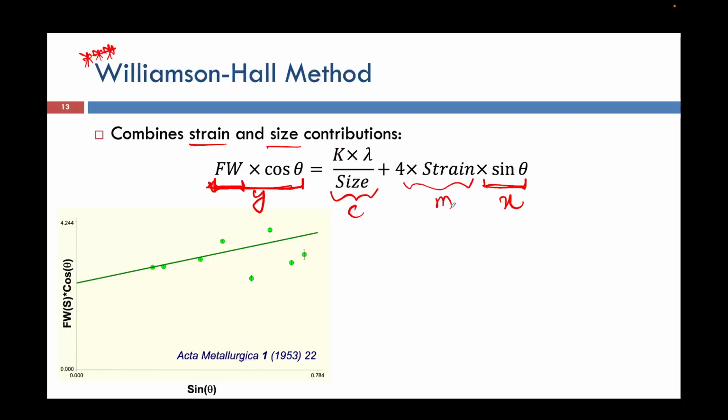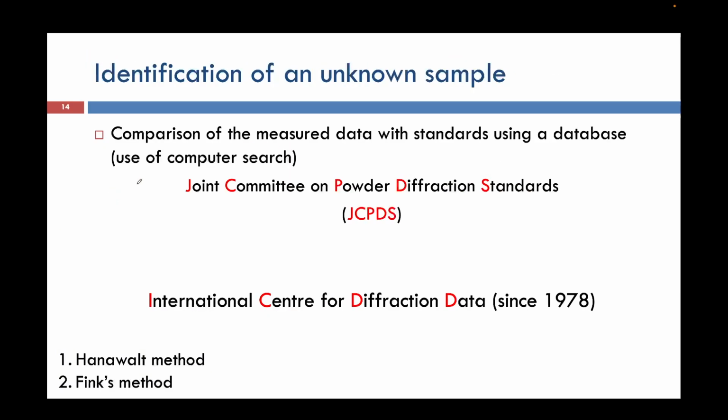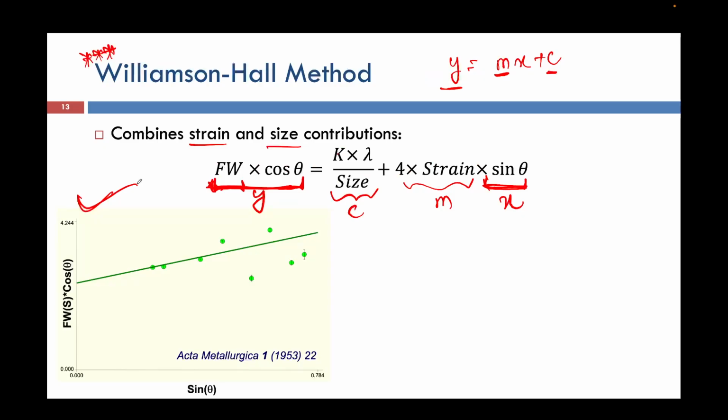So the entire expression gives you y is equal to mx plus C, where x will be your sin theta, y will be your Fw into cos theta, m will be your 4 into strain, and C will be your K into lambda by size. And the graph will be like this here.